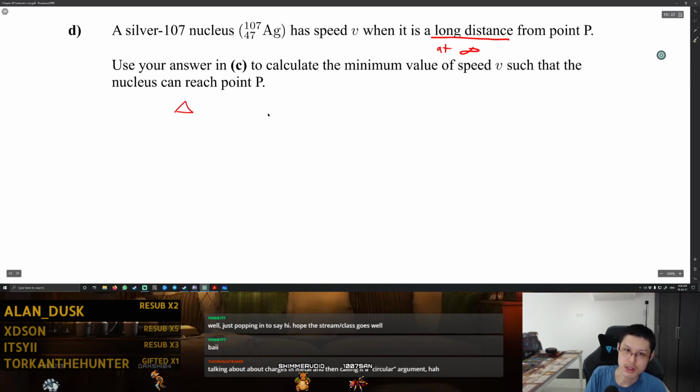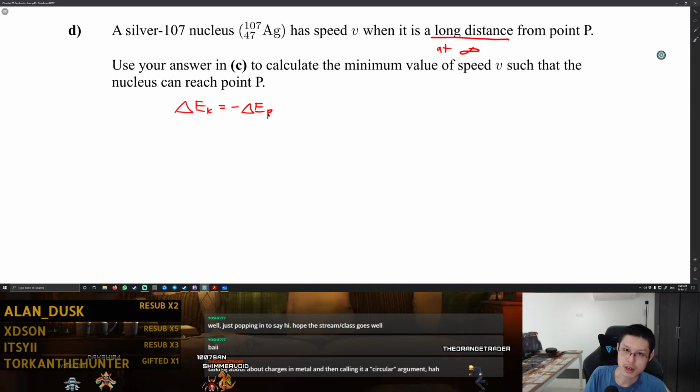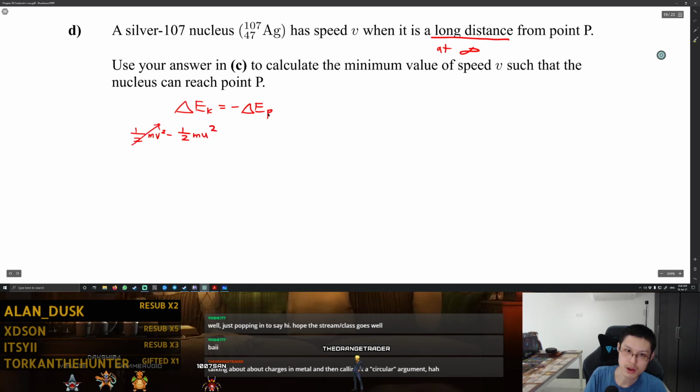So eventually you just end up with the change in kinetic energy is equal to negative of the change of the potential energy, right? So kinetic energy is going to be half m v squared minus half m u squared. V is going to be 0 because it's going to stop at P. U is what we are trying to find.